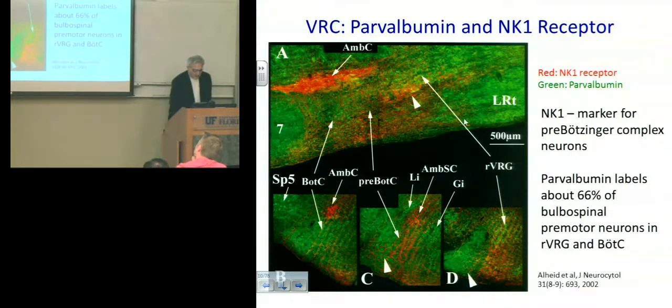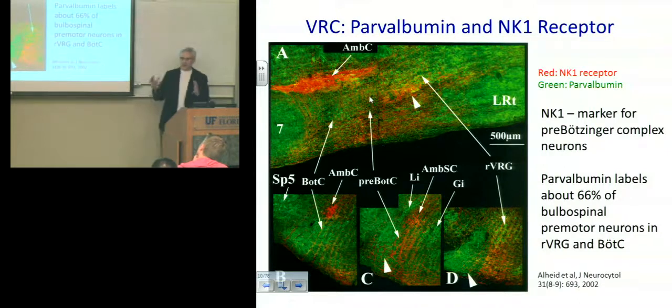The lateral reticular nucleus, which is a pre-cerebellar nucleus, is also pretty much devoid. But here, this rostral part of the rostral VRG actually has lots of NK1 receptors. To refer to the pre-Bötzinger as having NK1 receptors is absolutely correct. It's enriched relative to things around it.